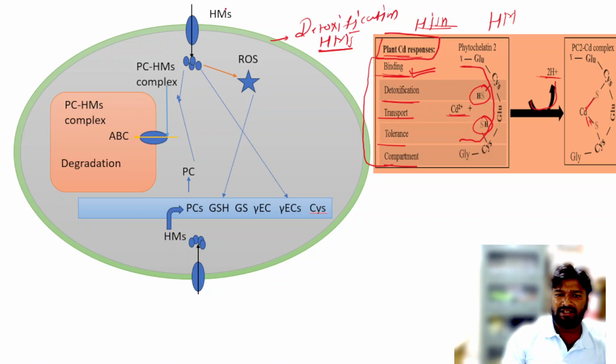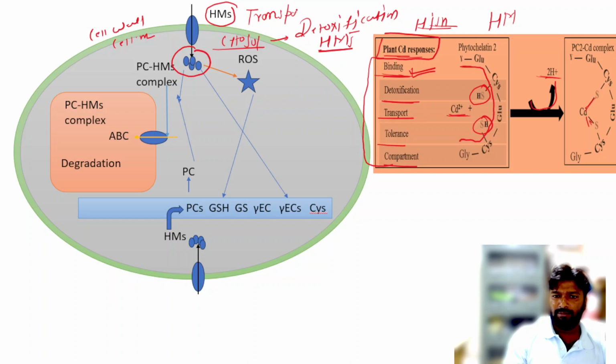Also you know that this is the cell wall, cell membrane, and this is the cytosol. Okay, so these heavy metals are transported through the transporters present on the cell membrane. And there is one example, like ZIP transporters, which have an important role in the transport of zinc.